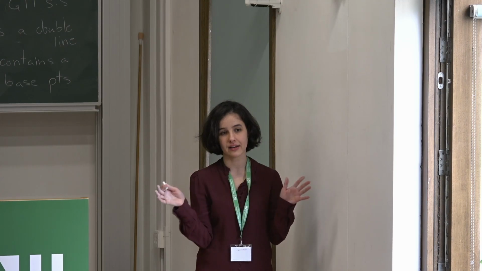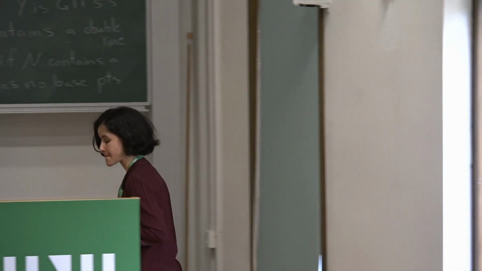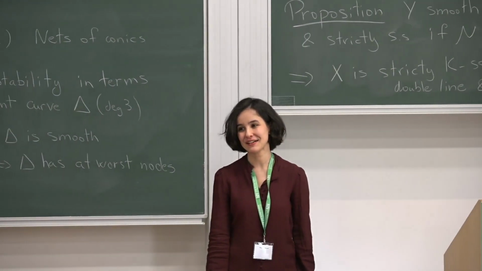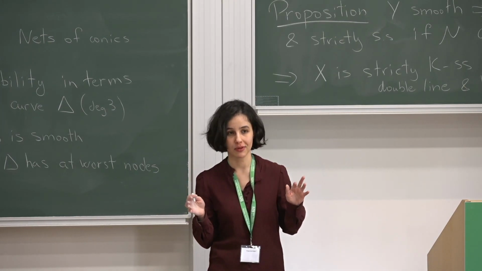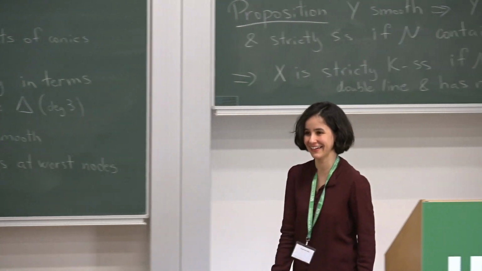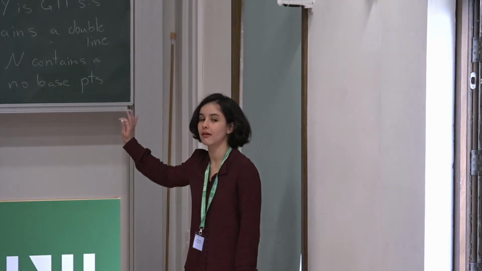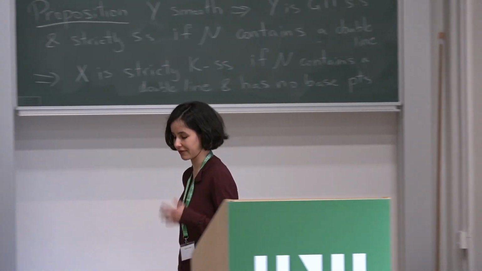So you put this inside a family over P1, such that the central fiber is K-polystable, and then it's a general phenomenon that allows you to conclude that. It's the same argument that they use in the Fano book about the Calabi problem. Here I just wanted to mention how it connects with what I'm talking about.